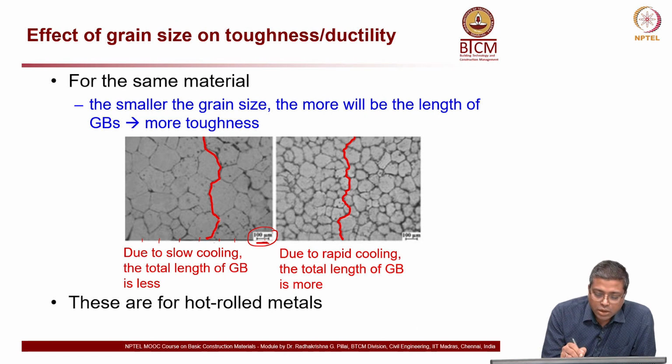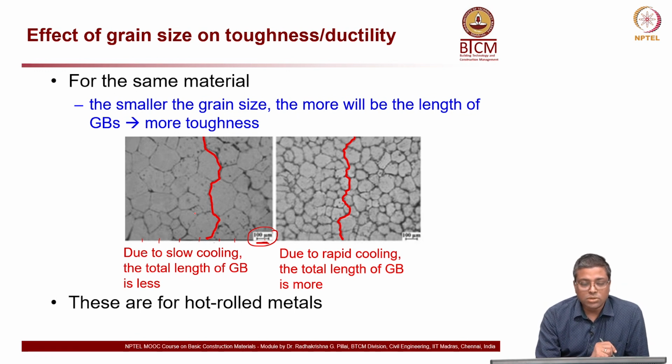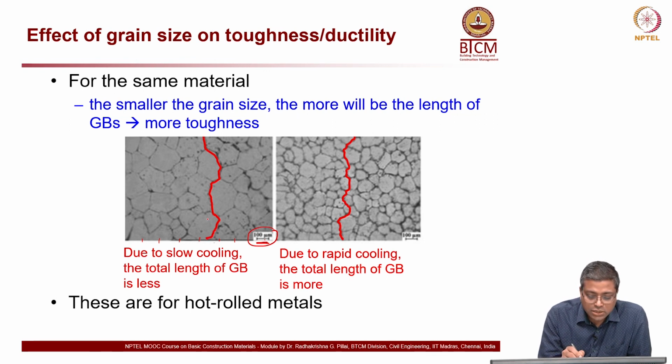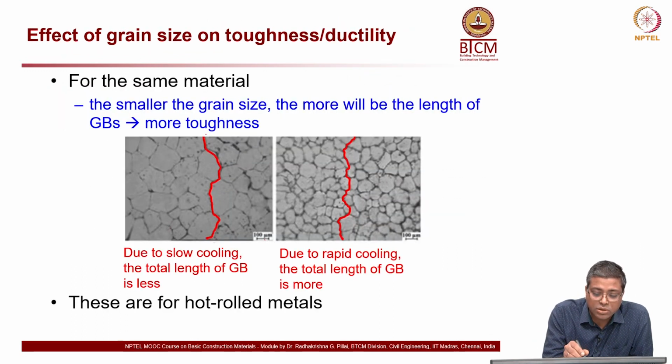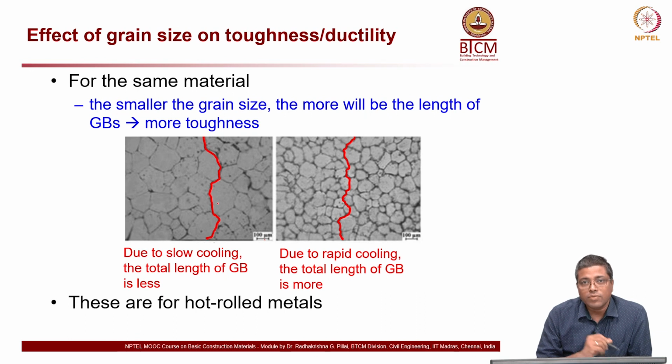Now, on the left side you have larger grains as compared to the image on the right side. When you have larger grains, if you have a crack along the grain boundaries, this is the intergranular crack. If I try to measure the length of this red line, the red line indicates the crack, the one on the left side will be shorter than the one on the right side.